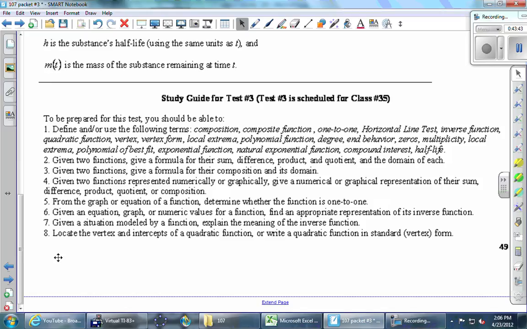Okay. Again, when is the test? Friday. Wednesday is our review day. We just finished the end of the new material for the test. At the bottom of page 49, you see this study guide. There's a very detailed list of the stuff that I would like you to be able to do to be successfully prepared for that test on Friday.